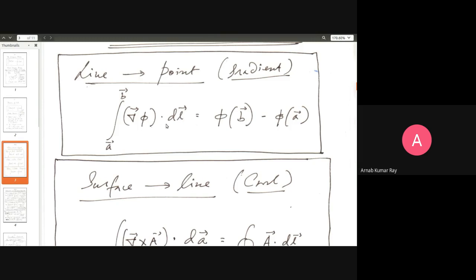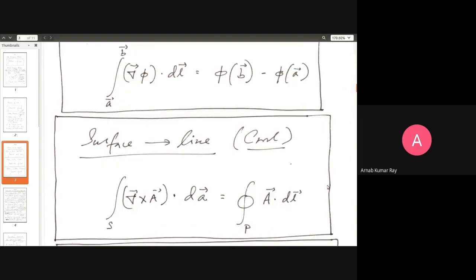So gradient of phi dot dl, just like we write df/dx into dx. This is, after all, just like taking d phi. This thing is nothing but d phi. But what is d phi? It is just like df equals df/dx into dx. So instead of df, it's a differentiation times an element. A differentiation times an element. That pattern will always hold throughout.